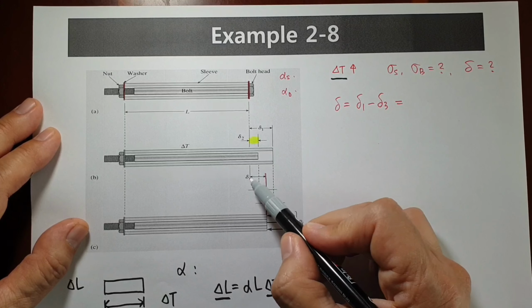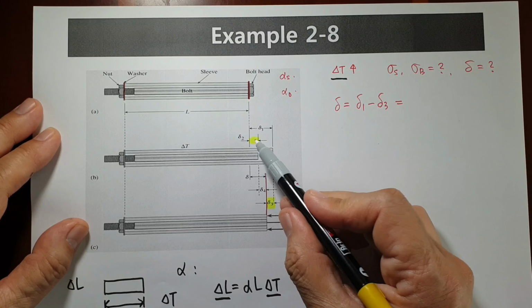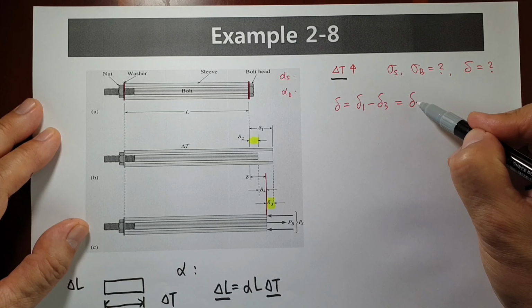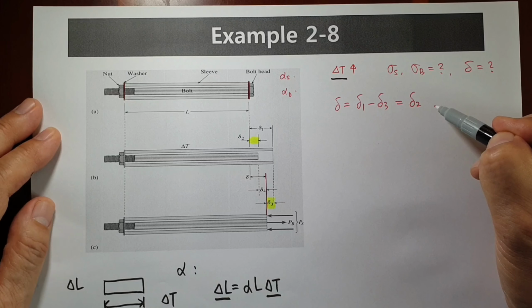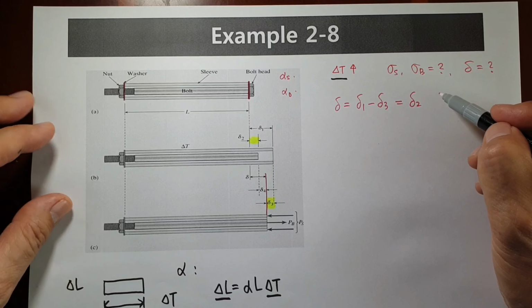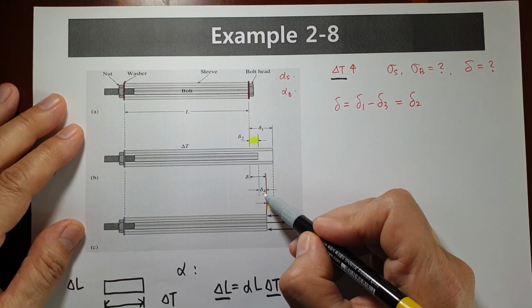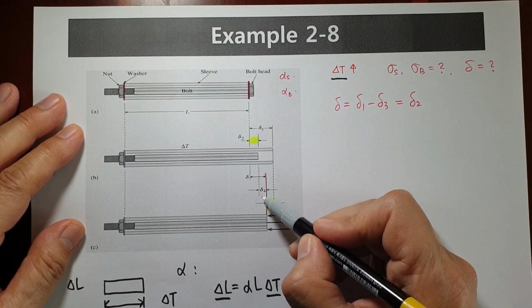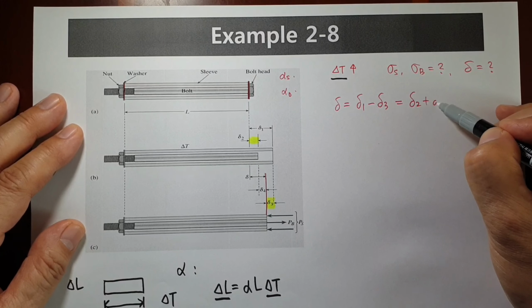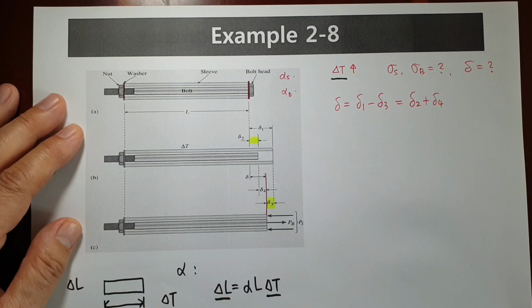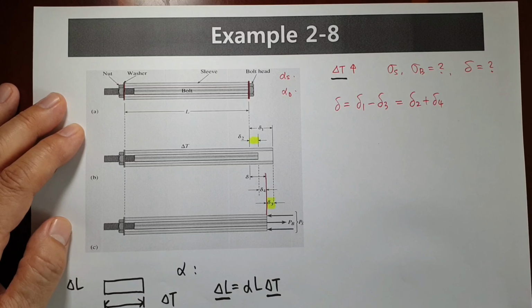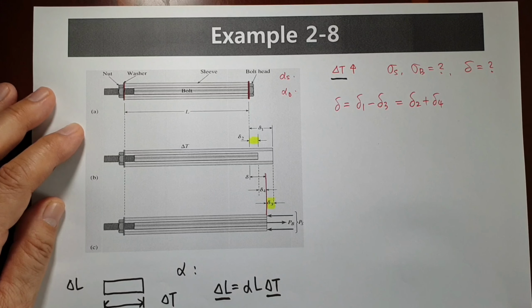When you consider here, inside, delta 2 happens by thermal expansion, due to the temperature difference, and delta 4 happens by the outside sleeve. This is based on geometrical compatibility.